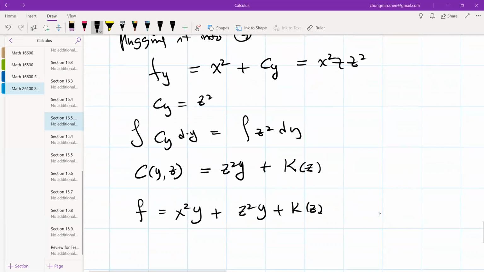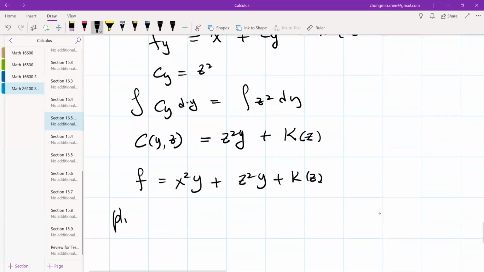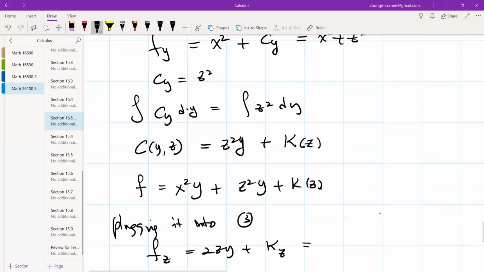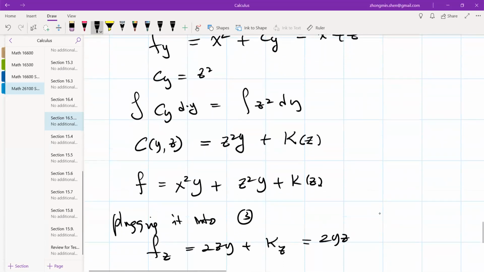Then you plug into the last equation, f sub z. The first term is 0, the second term is 2zy plus k sub z, which should equal 2yz.